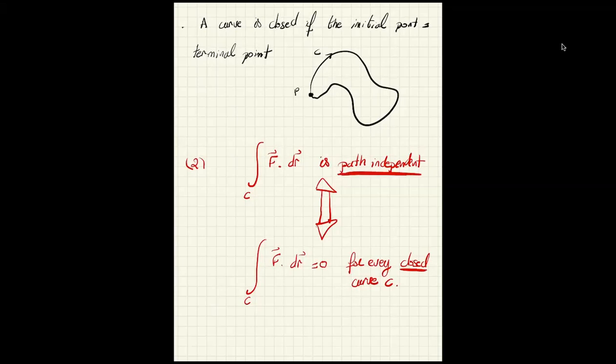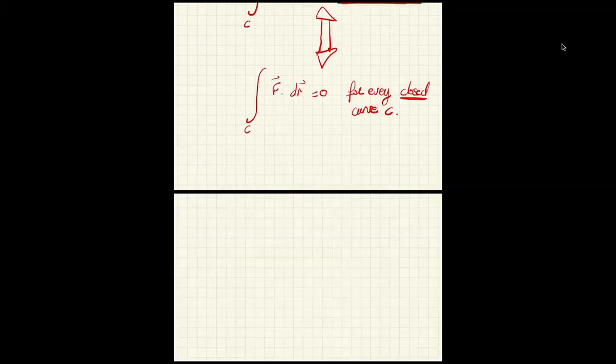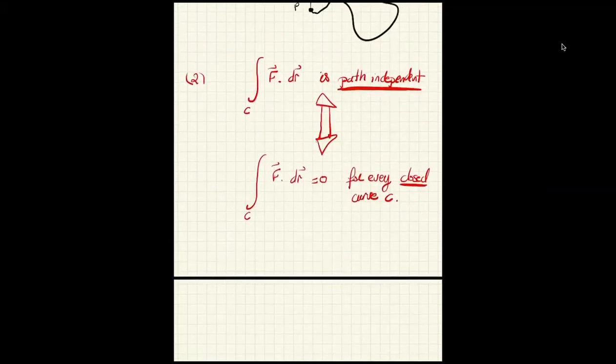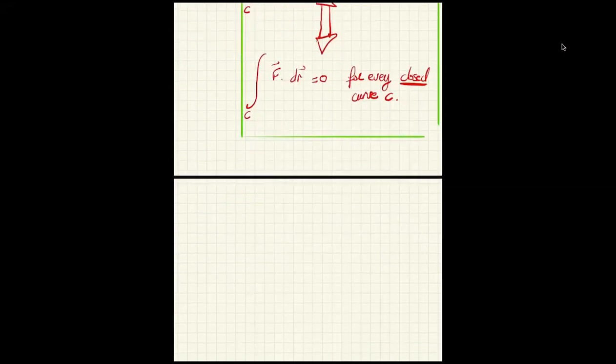This is not really hard to see. What is the proof? Make sure you understand this. Why?